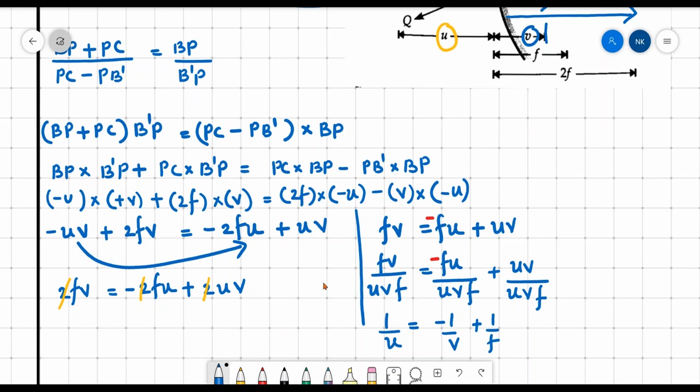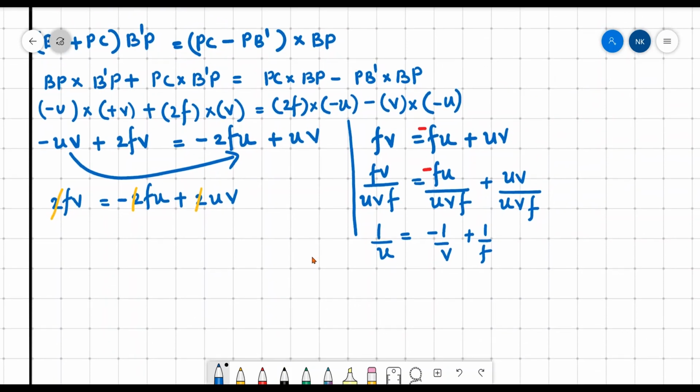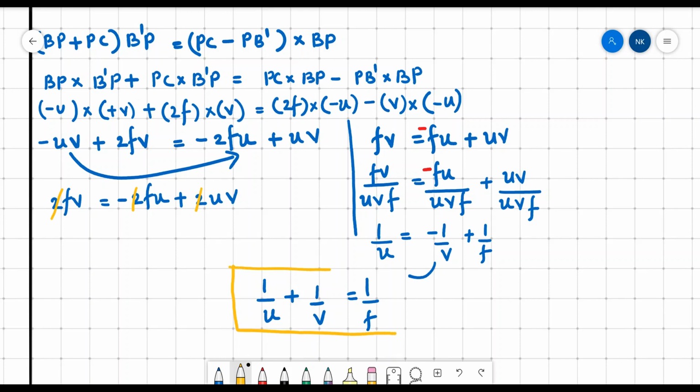Okay, so here is our final expression, that is 1 by u, I'm taking this towards the left, plus 1 by v equals 1 by f. So here comes the mirror formula for convex mirror. Hope you got it.